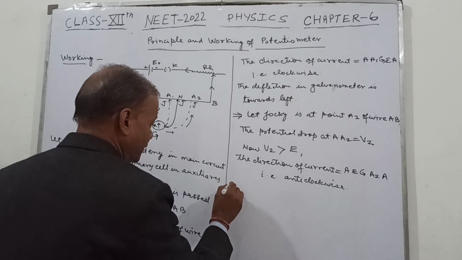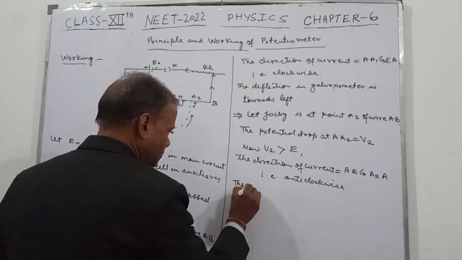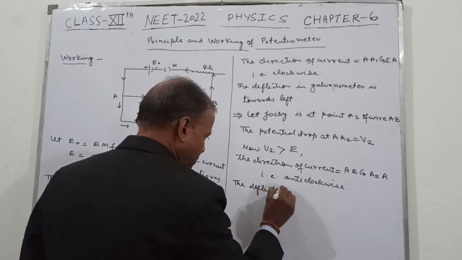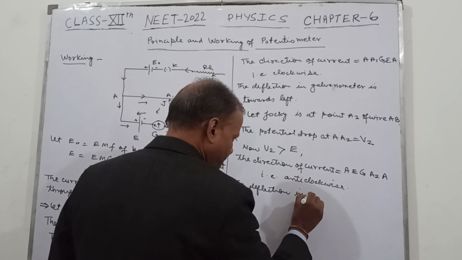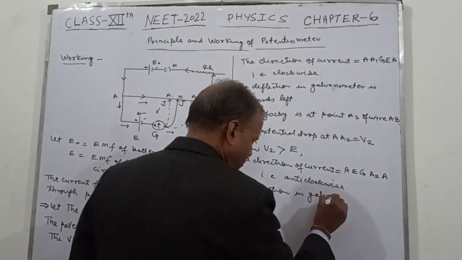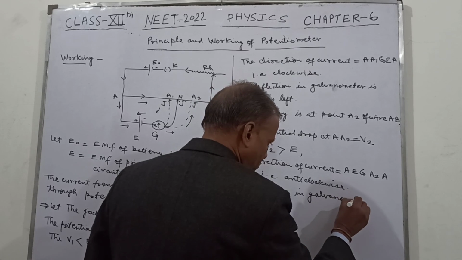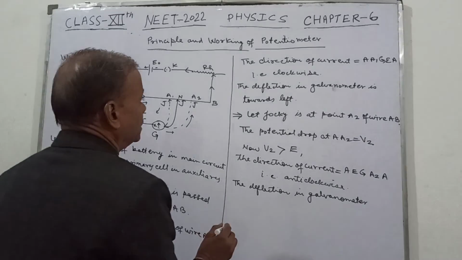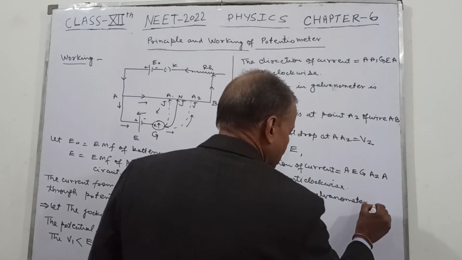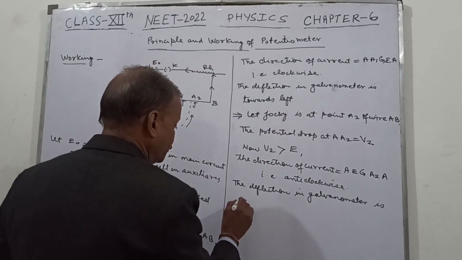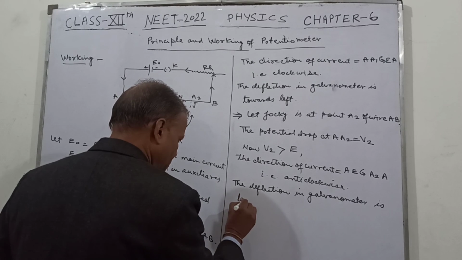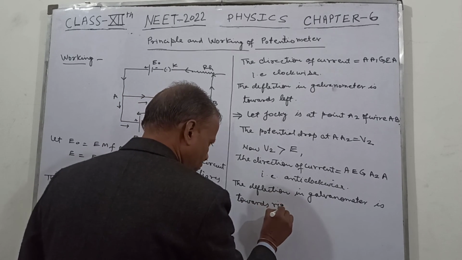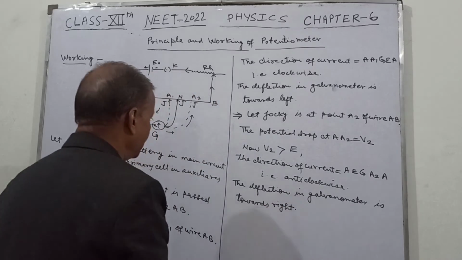So deflection in galvanometer is towards right.